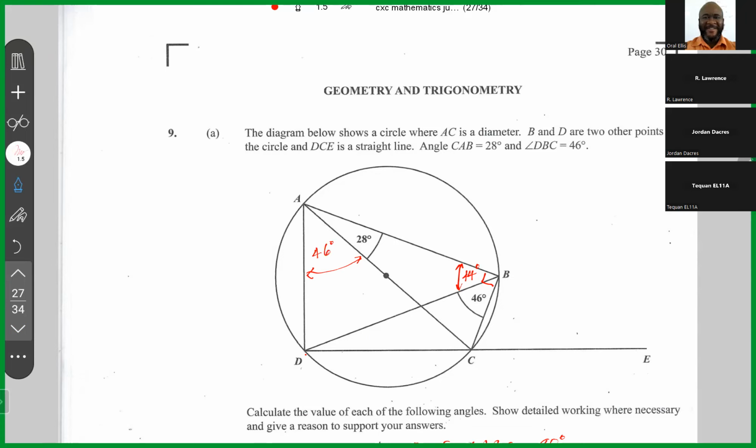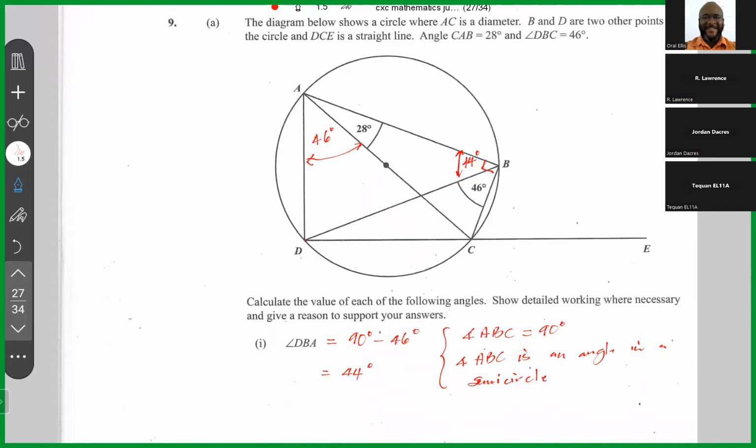And angles in the same segment are equal. Notice they have the same starting point and the same ending point on the circumference. They both start at D, and they both end at C. Both angles are formed at the circumference in the same segment. So whenever you have angles like that, those two angles are equal. They're called angles in the same segment.